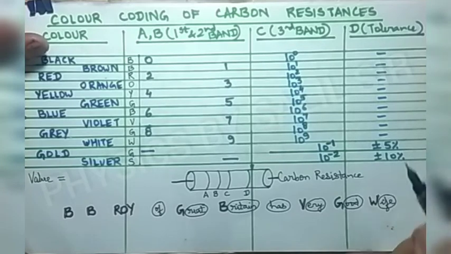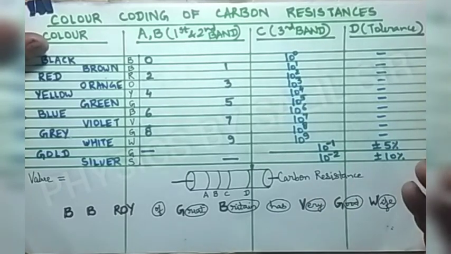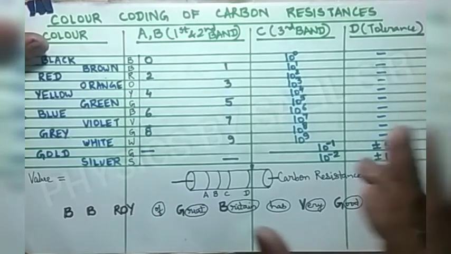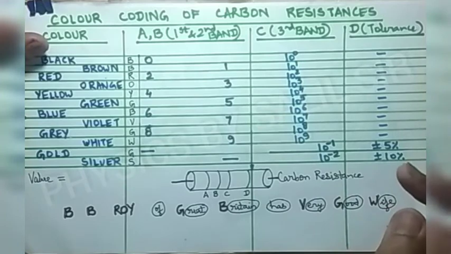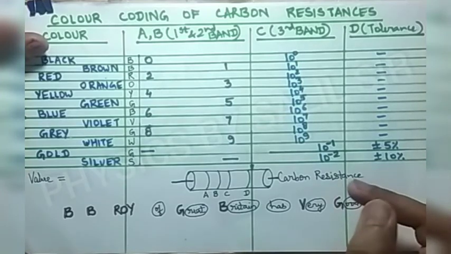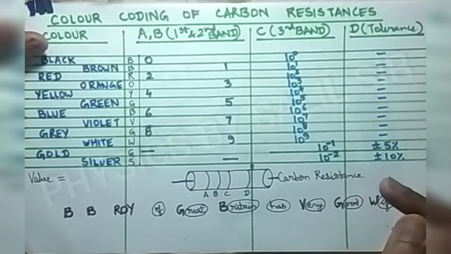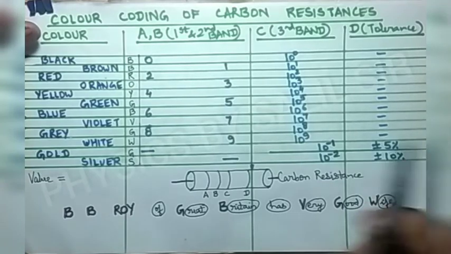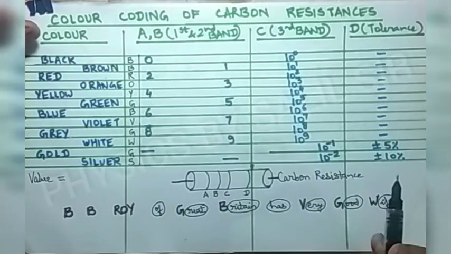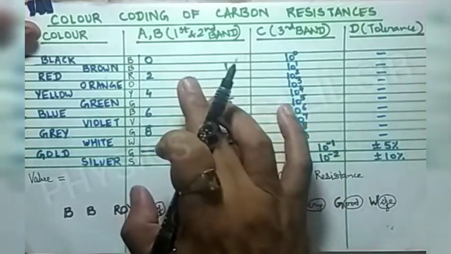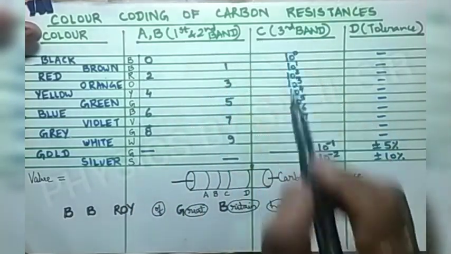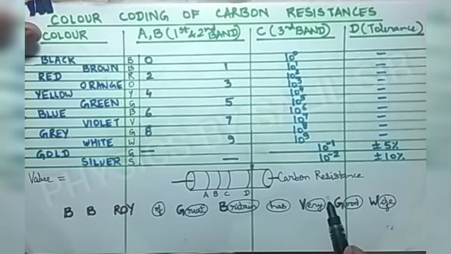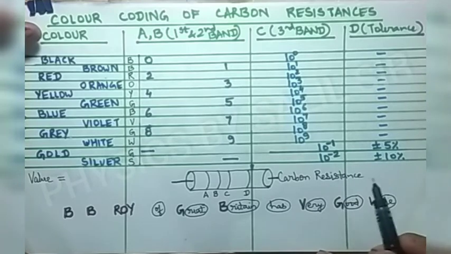As you all know, the unit of resistance is ohm. So after finding out the value of the carbon resistance, we will use ohm as its unit. So let's start. See, this is a table in which there are three bands: first band, second band, third band, and the last band is the band of tolerance.